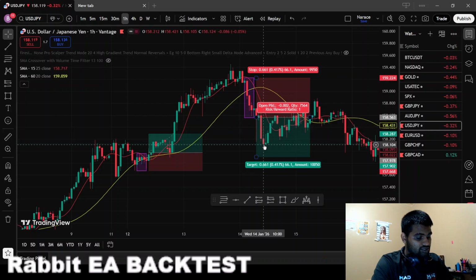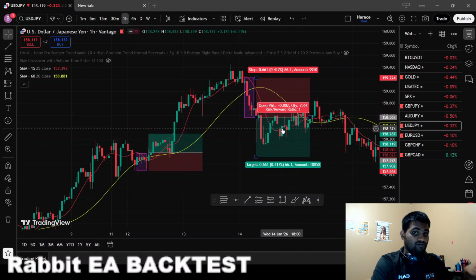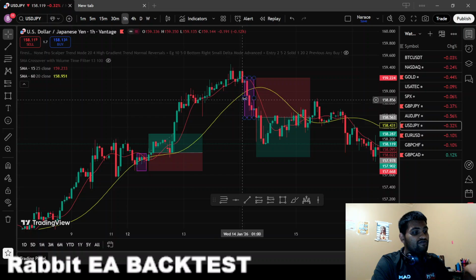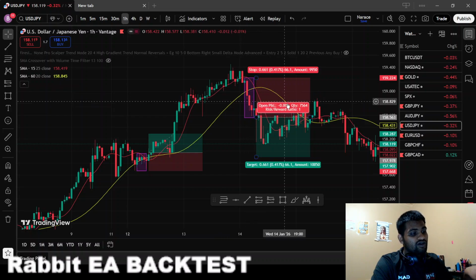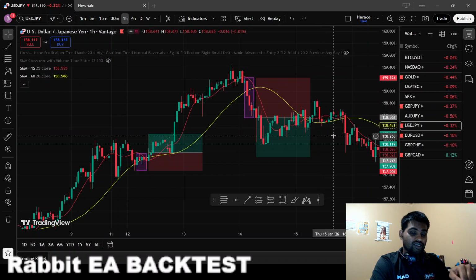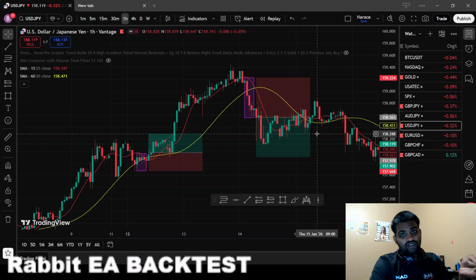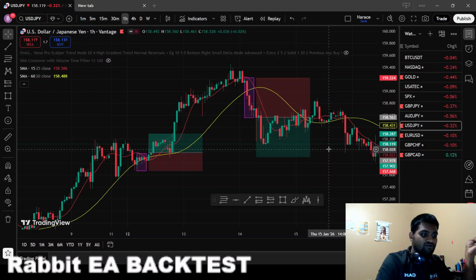It breaks, comes down here, then reverses. As it reverses, the moving average is still below, so it still confirms. Then the slow moving average dips, the fast moving average goes up, crosses, and exits the trade. It's not a loss, but it's a break even.